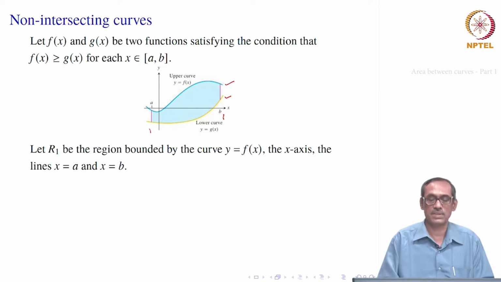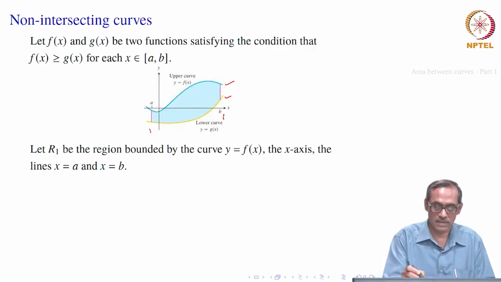So, this is the area which is painted blue here. How to compute the area of that region? That is our problem now. And in all of this we have assumed that for any x inside the interval a to b, f of x is greater than or equal to g of x, it is to the top, right.